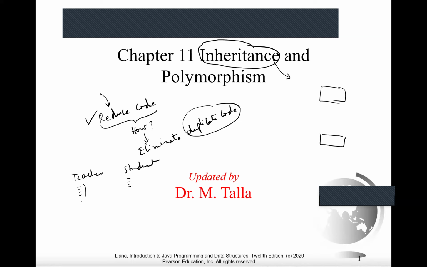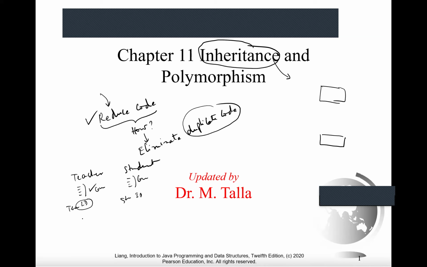Maybe teacher ID is different from student ID, but that is not common. But the name, address, and all other things are common. Teacher is teaching courses, student is taking courses. That is not common.